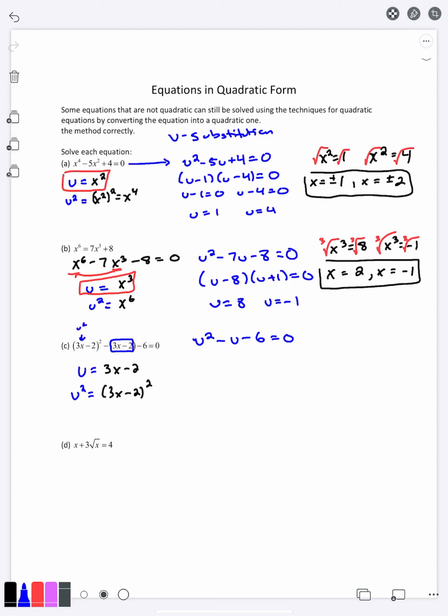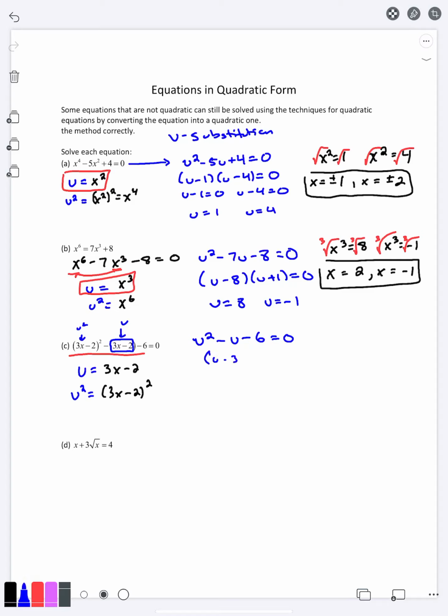Right? I will say, we could have avoided this. We didn't have to use u sub. We could have just taken this whole thing, multiplied it out, combined like terms, and it would be a true quadratic equation already. But this way is going to be a little bit easier to handle.